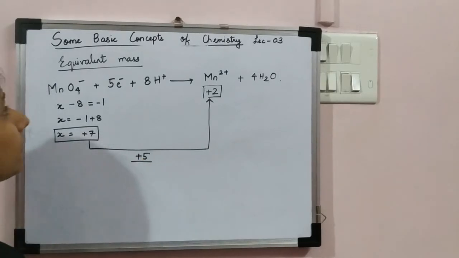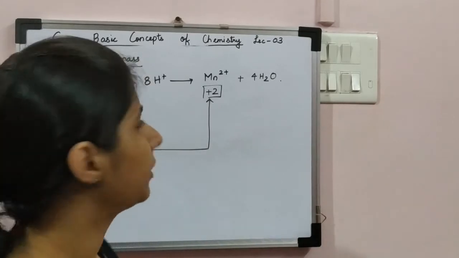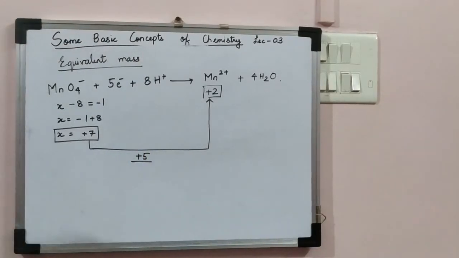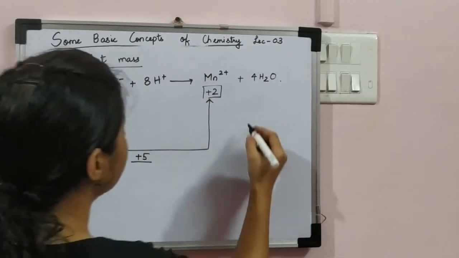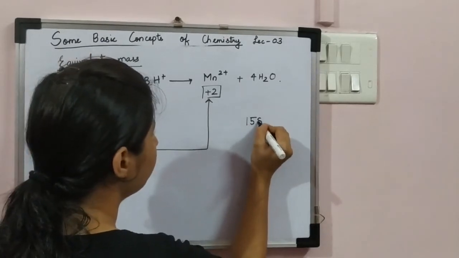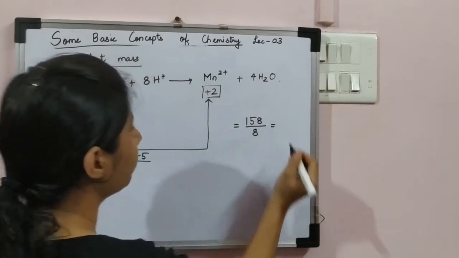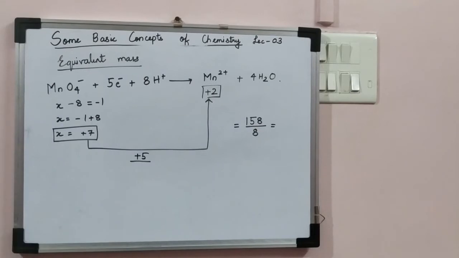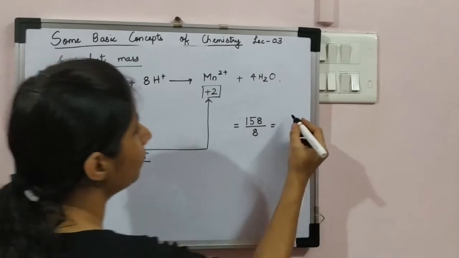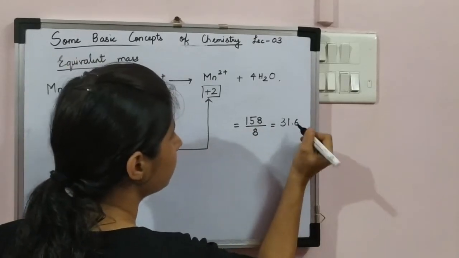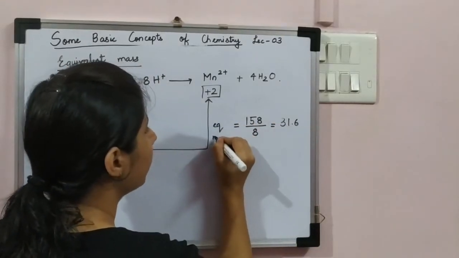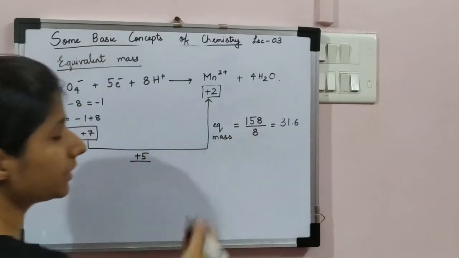So when I have to calculate the equivalent mass of KMnO4 in acidic conditions, I'll substitute the molar mass of KMnO4, which is 158 grams per mole, upon 5. This comes out to nearly 31.6. So this is the equivalent mass.